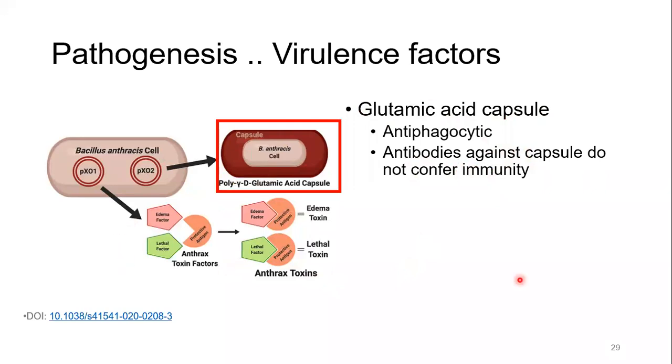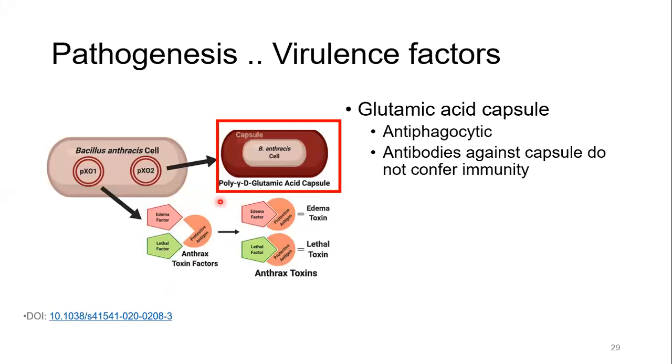The other important virulence factors are the edema toxin and the lethal toxin. So there are three proteins. We have the protective antigen, the edema factor, and the lethal factor.